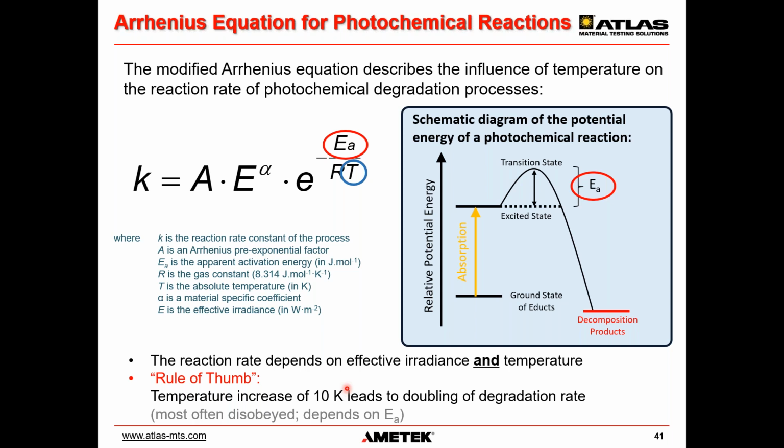And this real acceleration rate by temperature is very specific to the polymer, to the material, and also the property you're looking at. It can be much less than doubling the reaction rate. It can be much more than doubling the reaction rate. So just to point this out.